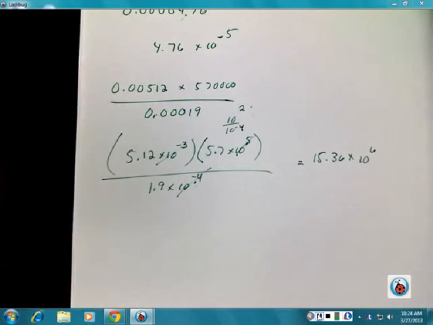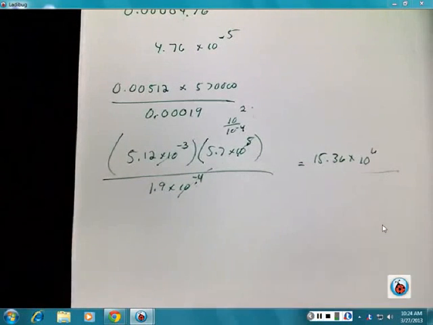But what does my rule of scientific numbers tell me? Can I leave it like this? What do you think? Can I leave it like that? Type it in Hawks, 15.36 times 10 to the 6th power, hit submit. What's Hawks tell me?